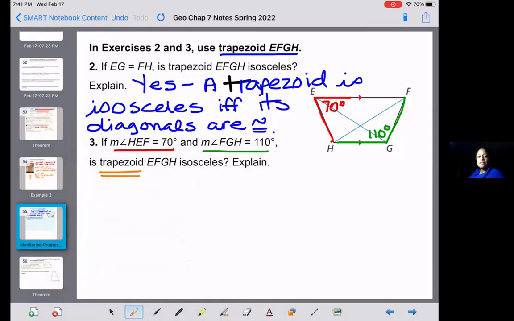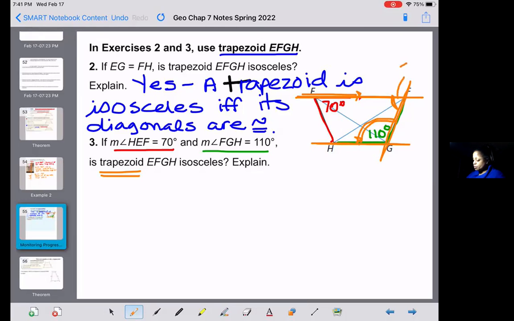All right, so if it is a trapezoid, because it's telling you that it is, that would mean that this side would have to be parallel to that side, because that's what it means to be a trapezoid. And it gives you the arrows here and here. So if those two are parallel and you've got that transversal, again, this angle right here has got to be supplementary to the 110.